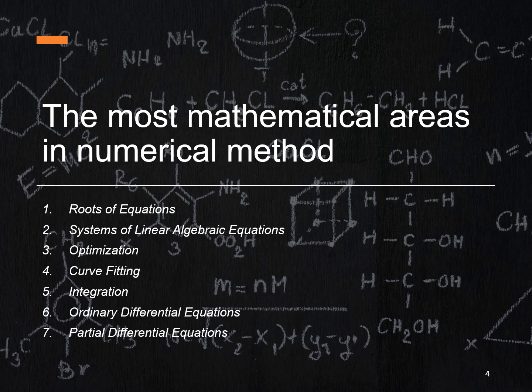Systems of linear algebraic equations. You know algebra, right? X equals 3 into y plus z into something. So how to solve these equations? Sine, cosine equations, you have already solved them. Optimization, curve fitting, I will talk about them. There are some examples given for each one of them.